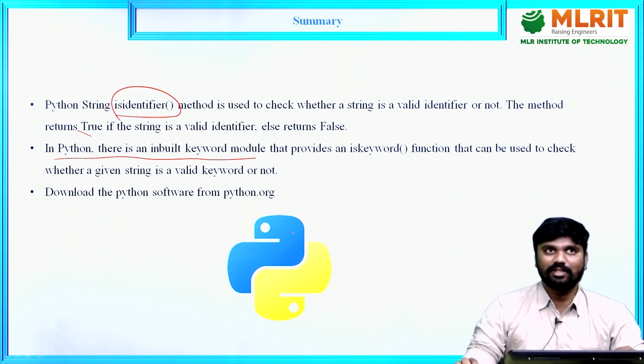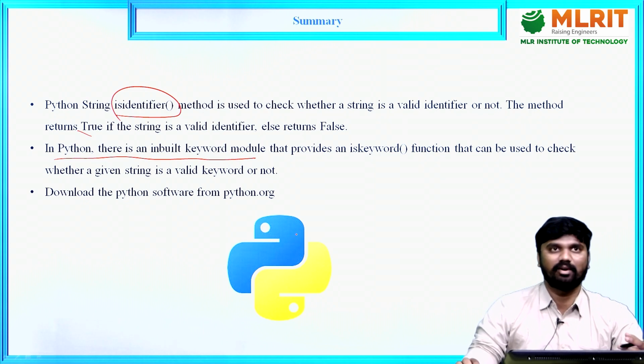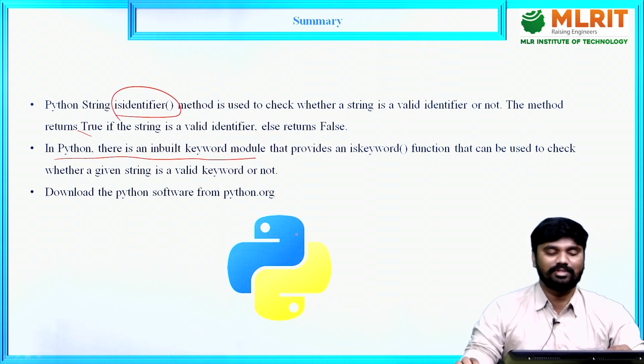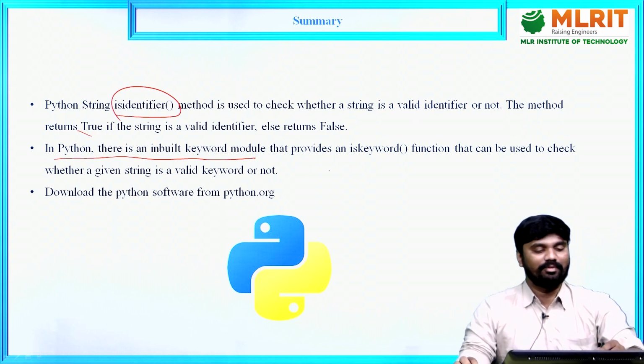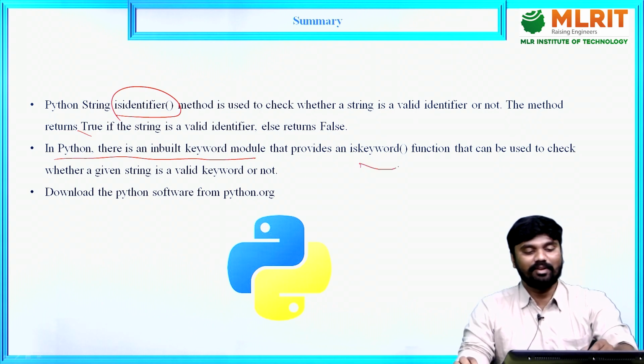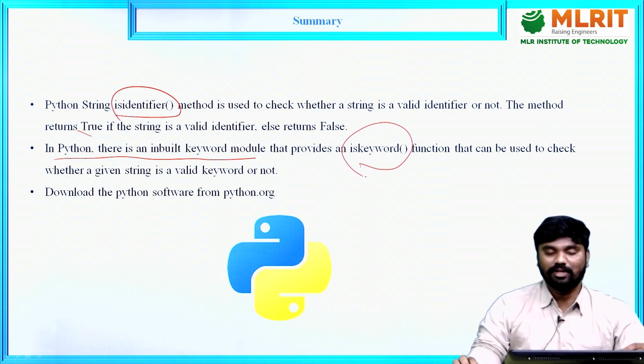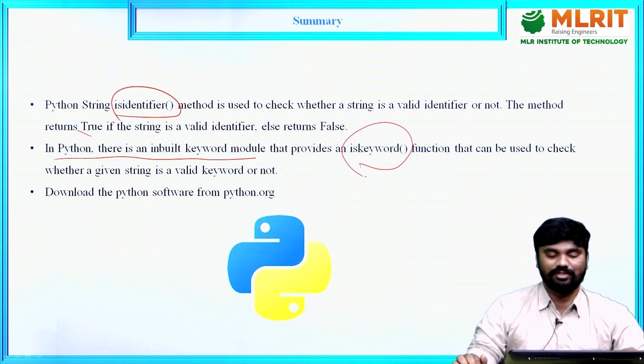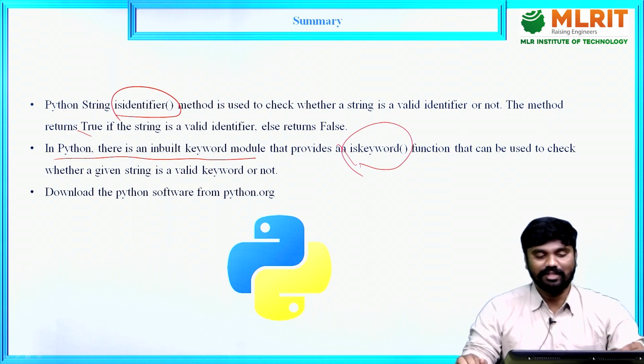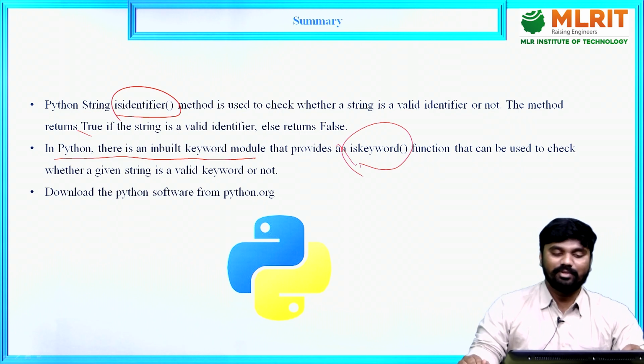By using it, we call the kwlist attribute and access all Python keywords available in the Python library. This module also provides a predefined function, iskeyword, and by using it we can check whether a given string is a valid keyword or not.